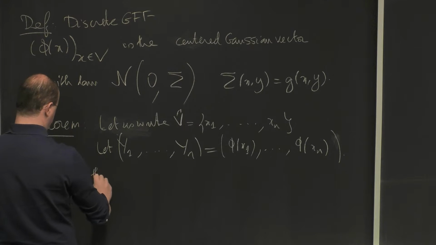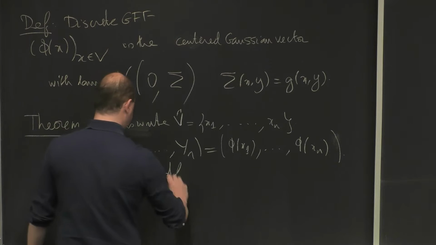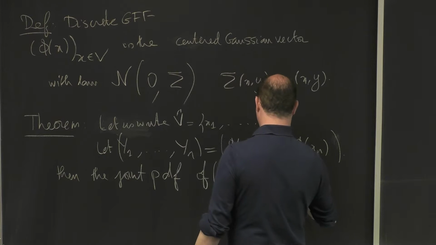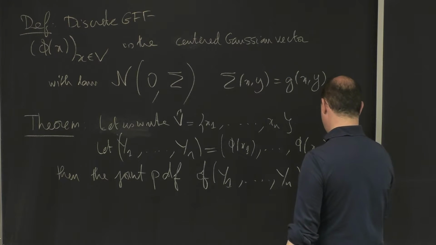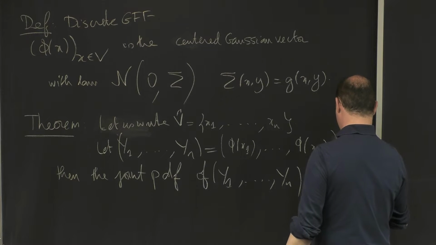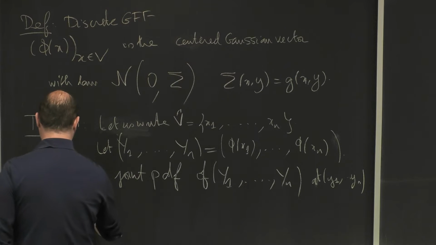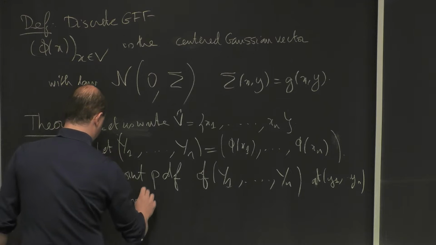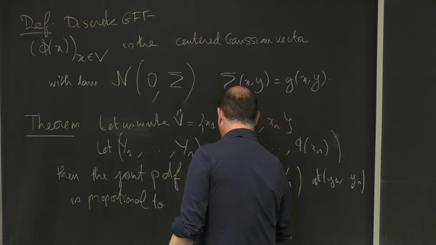Then the joint probability density function of y1 through yn, at little y1 through little yn, is proportional to f of y1 through yn.